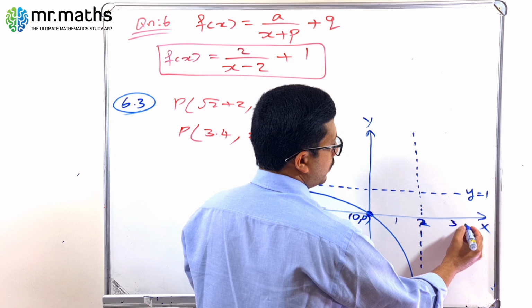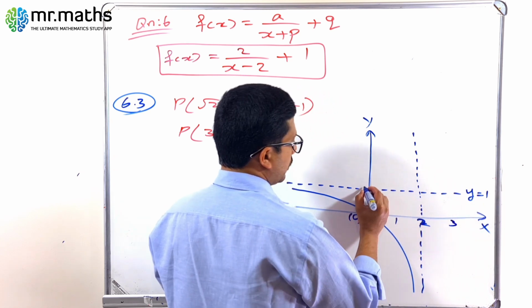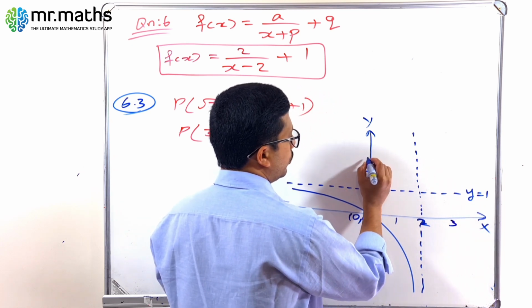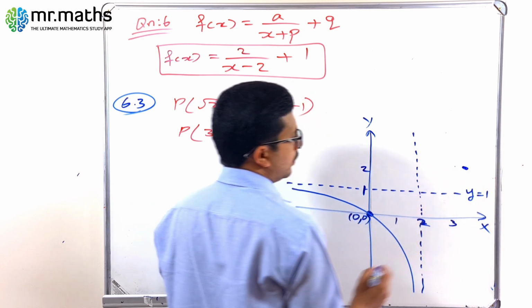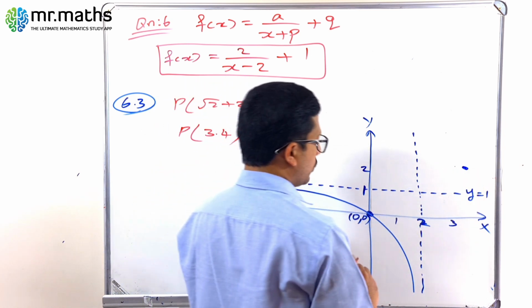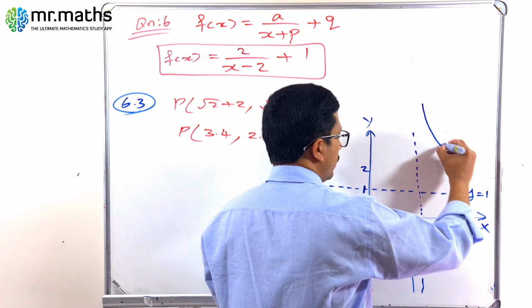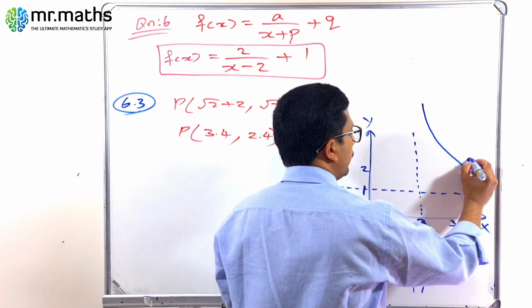Assume that this is 3, so 3.4, this is 1, so 2 is here, 2.4 somewhere here, that is p. So it passes through that point. This is the point p.